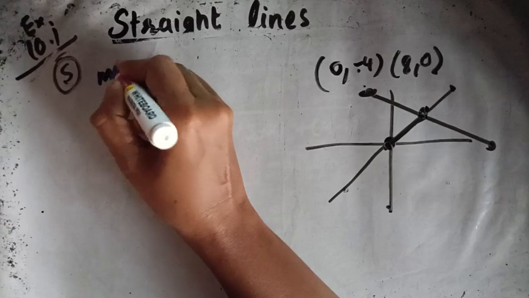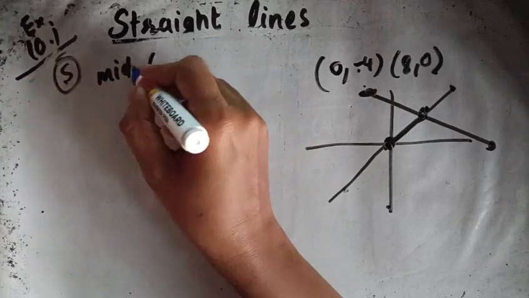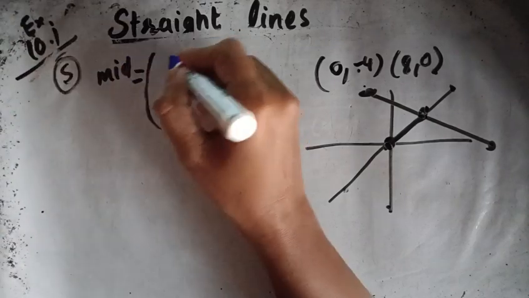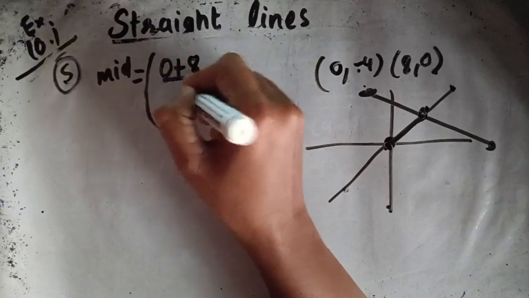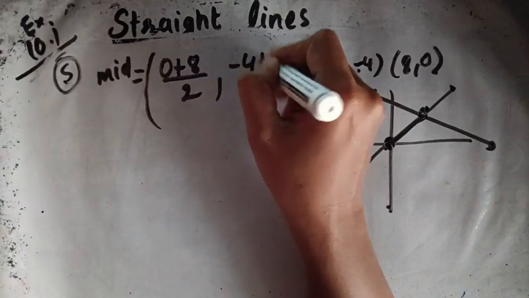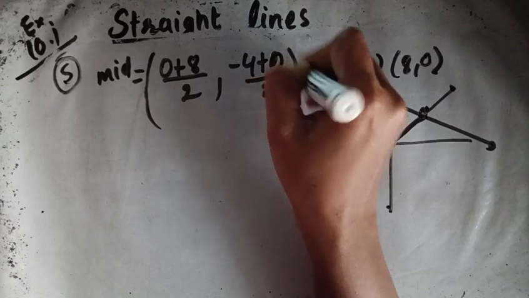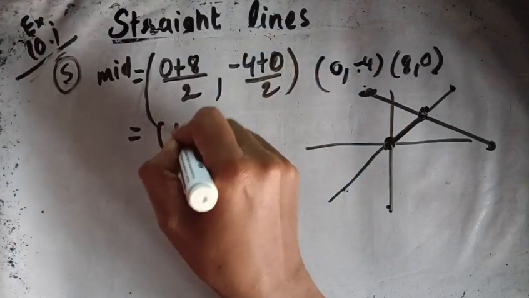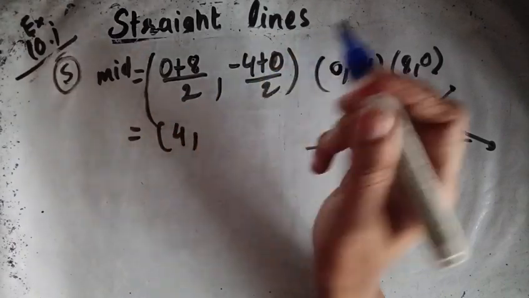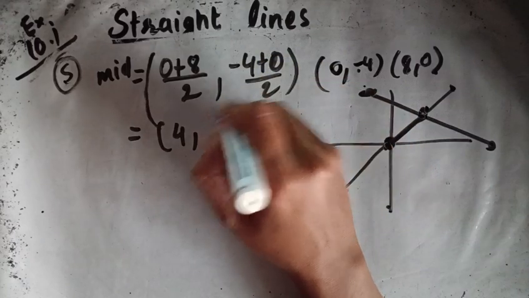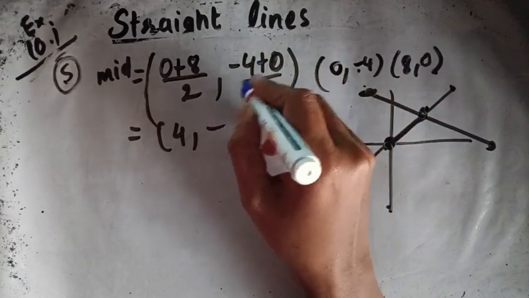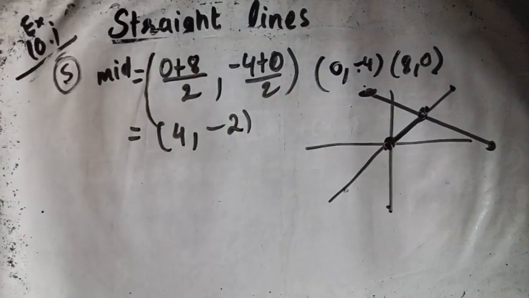Okay. So midpoint formula we know: x1 plus x2 upon 2, y1 plus y2 upon 2. Okay. So this is 4 comma minus 2.